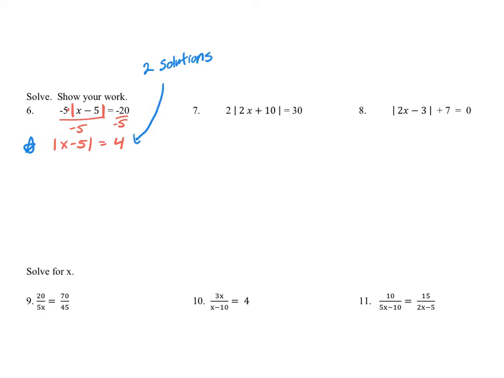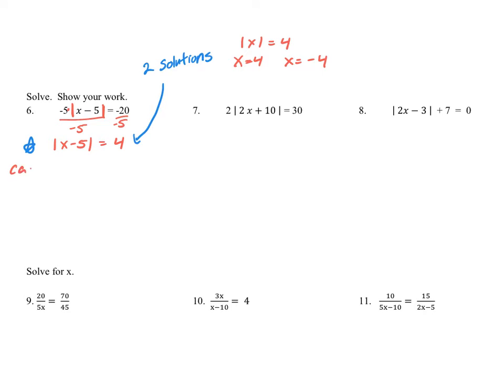So when we're thinking about the absolute value, say I had the absolute value of x equals 4. I really have two options for x, right? X could equal 4 or x could equal the opposite, negative 4, because if I take the absolute value of negative 4, that'd be positive 4. So we're going to take those two cases.